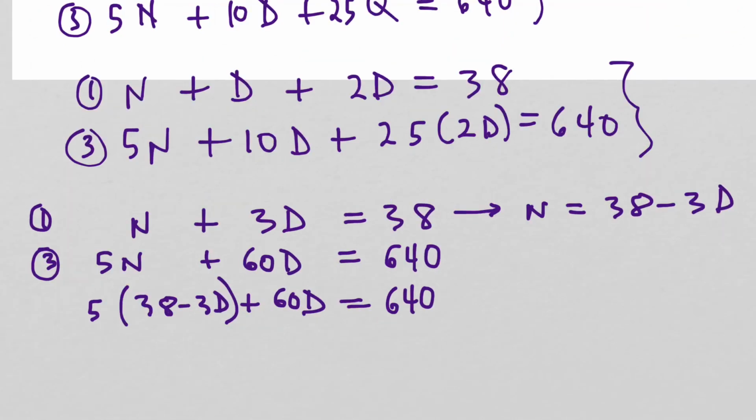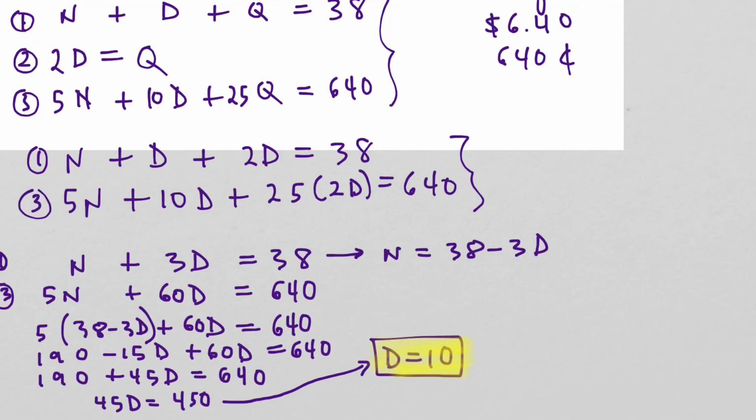So I replaced N in this equation with 38 minus 3D, and now I can go ahead and simplify that. Now I can combine like terms. So if I simplify all the way down, I'm going to find out that D solves to be 10. So I have 10 dimes. So then if I have 10 dimes, I know from this equation that I have 2 times 10 is equal to 20. I have 20 quarters.